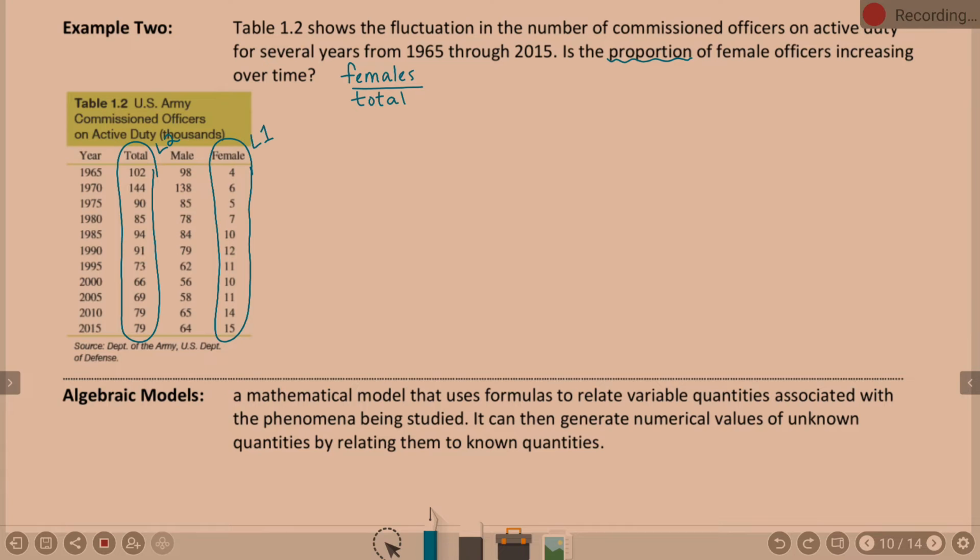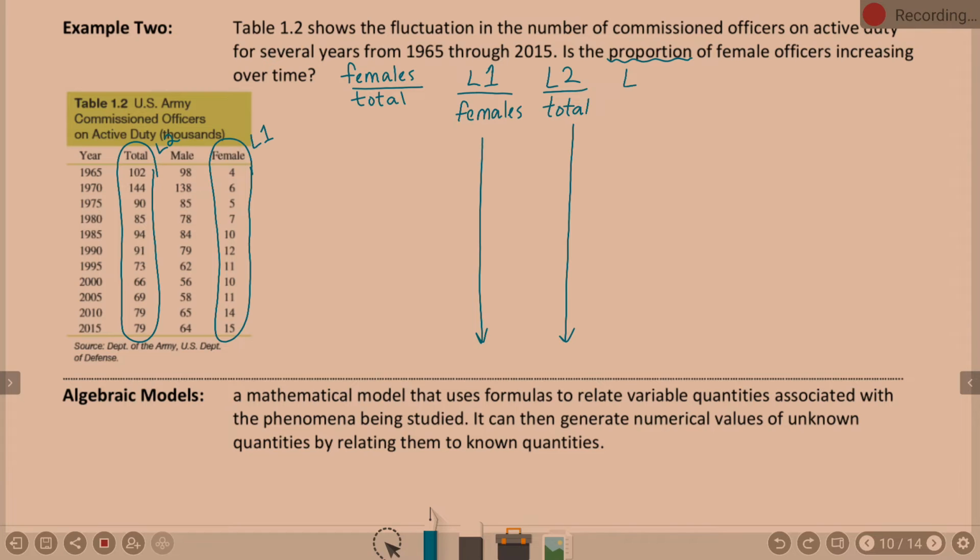That's an easy check to at least try to ensure yourself that you're on the right track there. So, in the L1 column, I put all my female numbers. I'm not going to write all the numbers down, but we just put all of our female numbers, right? In L2, we put all of the totals.